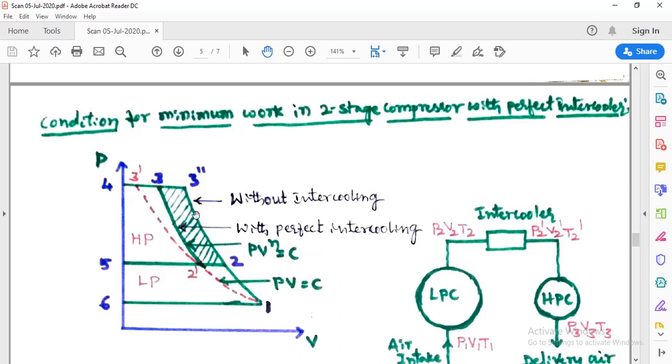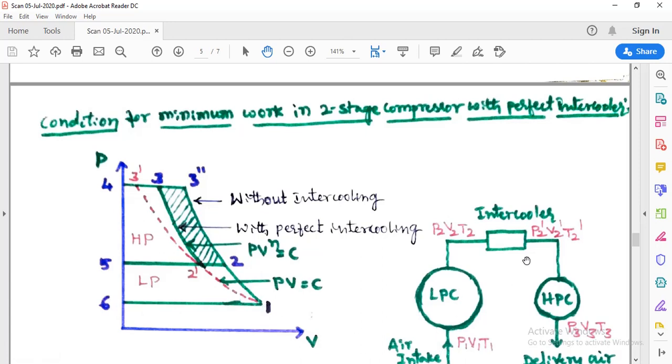See here, the area represents the work done. So the work done in the LP cylinder is represented by the area 1, 2, 5, 6, 1. And the area 2, 3 double dash, 4, 5, 2 represents the work done in the HP cylinder without intercooler. If we consider the intercooler, the work done in the LP cylinder is 1, 2, 5, 6, 1.